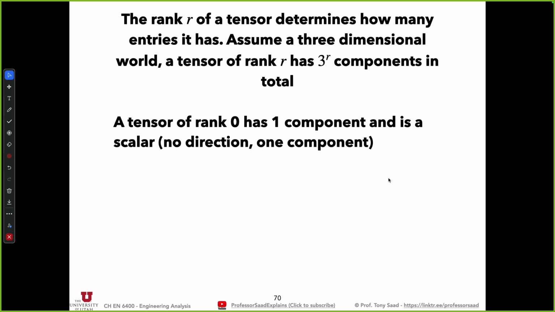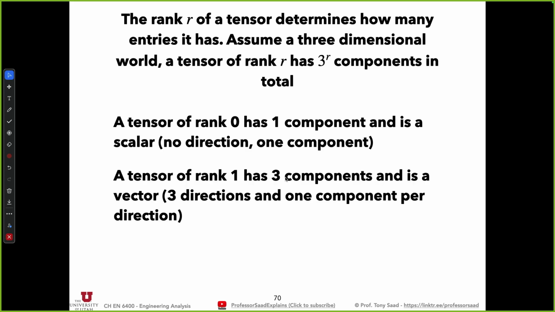So a tensor of rank 0 has 3 to the power 0 entries, which is 1 entry, and that's a scalar. A scalar, a number, is simply a tensor of rank 0. A tensor of rank 1 has how many entries in it? It has 3 to the power 1 entries, so 3 entries, and that would be a vector. A vector is a tensor of rank 1, just simple definitions.